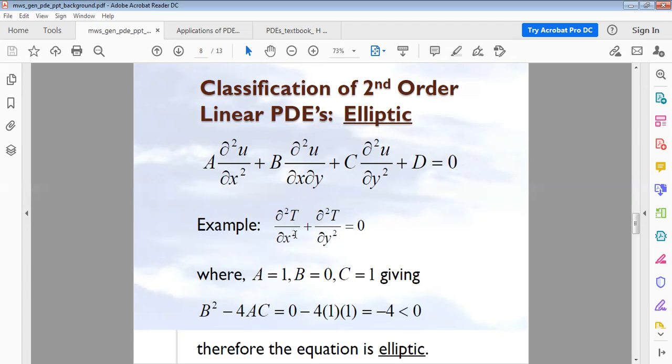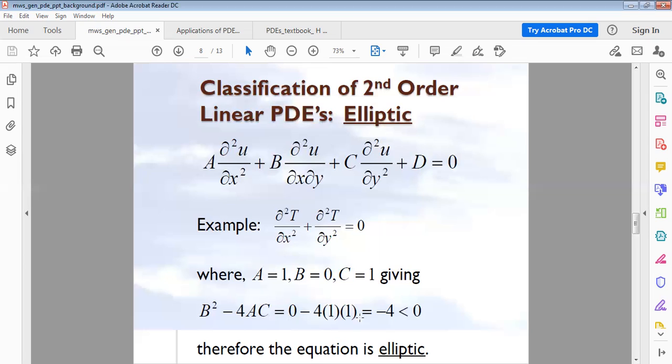Now an example: del square T/del x square plus del square T/del y square, that means T is a function of x and y. If we compare with this differential equation, then a equals 1, and b equals 0 because this coefficient is absent here. The second derivative with respect to y square has coefficient c, so c equals 1.